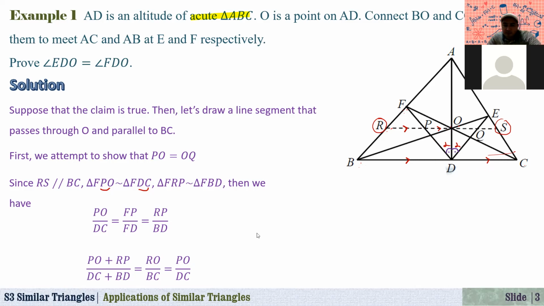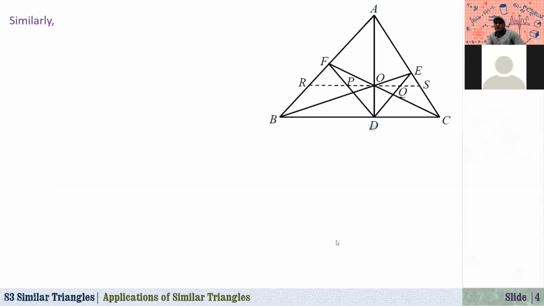Now we are going to combine these things. Let's continue. Similarly, the second one, here we have OS, because now we are writing this triangle OES, which is similar to EBC.